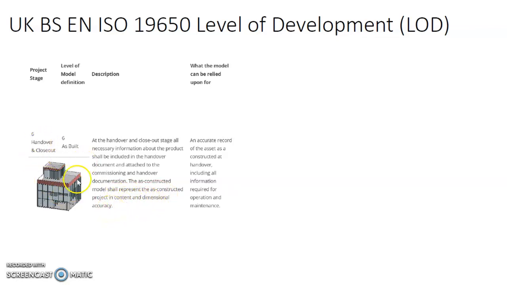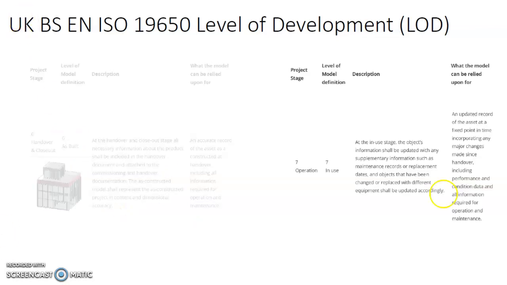And then this model, what can it be used for? Again, it is an accurate record of the asset as constructed, at the handover, including all the information required for operation and maintenance. That is at level 6. And there's one last level called level 7 for this UK system. For the UK system, they also talk about the building of the facility while it is still in operation.